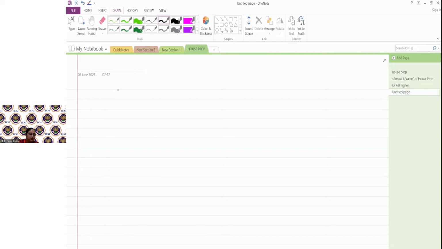So tell me what is the gross annual value in this situation where you have been given that fair rent is 60,000, municipal value is 70,000; gross annual value means the value for the whole year.